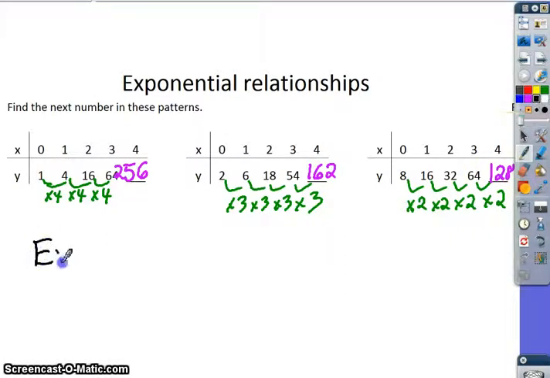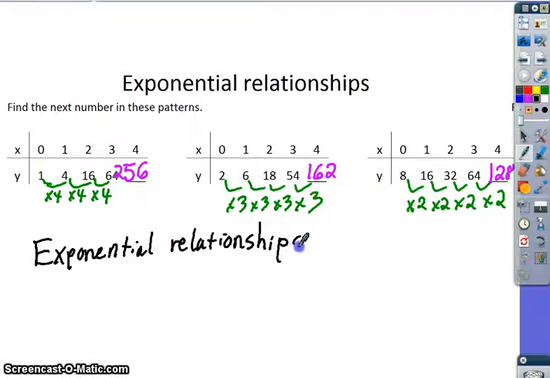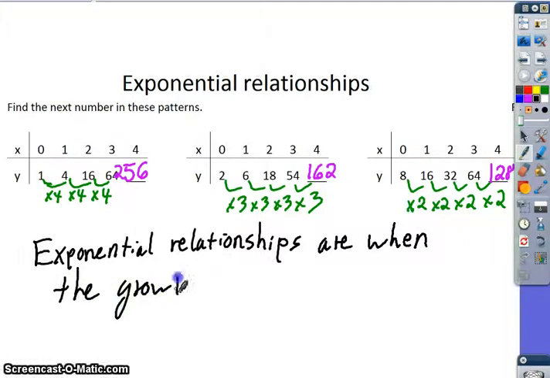So, exponential relationships. Who can define what makes an exponential relationship exponential, Katrina? When the slope multiplies or divides by the same number. Okay. And it's actually not called slope anymore. It's called a growth factor.